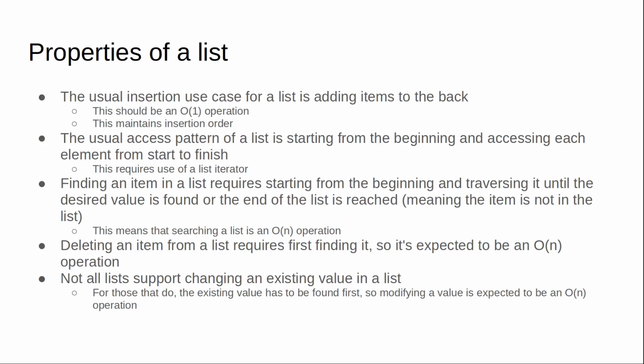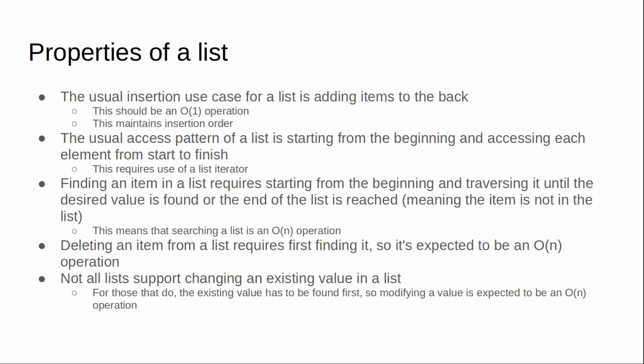Okay, properties of a list. Let's talk about what a list actually is. So a list is something where normally we're always inserting at the back. We're just going to keep a running total of the things that we want to add in our list.